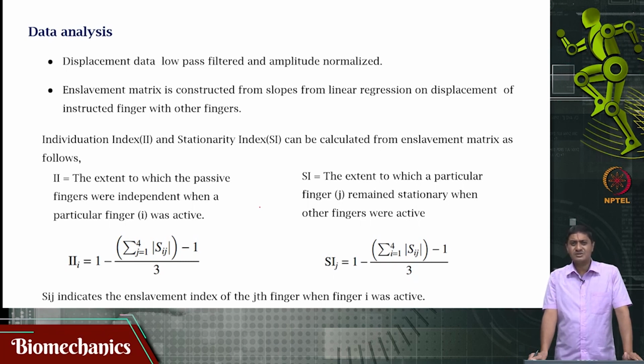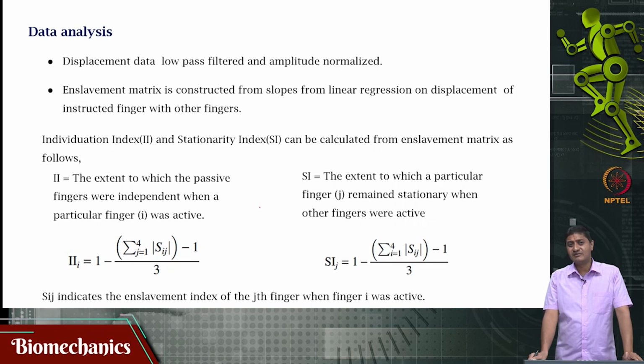Similarly, we also computed the II and SI, individuation index and stationarity index, as the extent to which the passive fingers are independent when a given finger was instructed, that is defined as this value, and the extent to which a given finger remains stationary when the other fingers are active is defined using this formula.